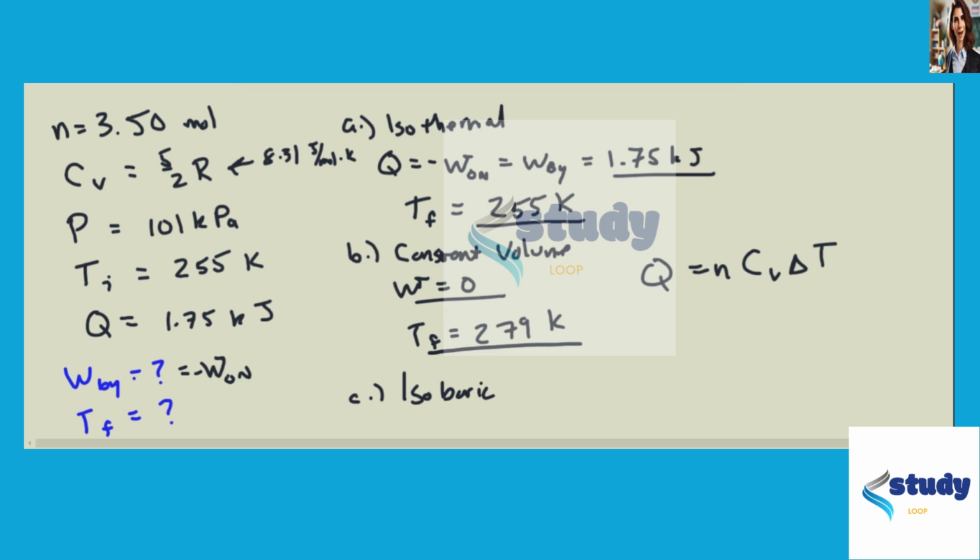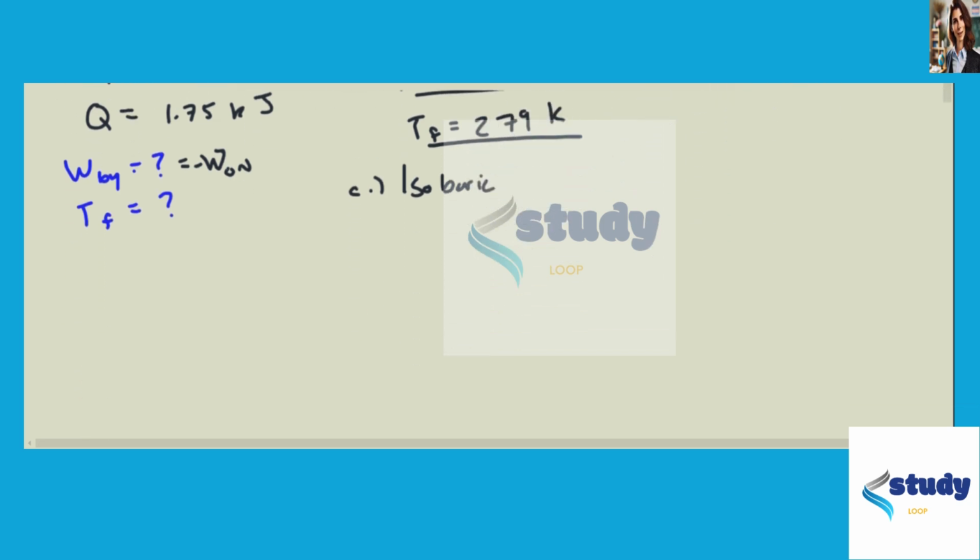Let's move to the isobaric process. We can do the change in temperature the same way, except we need a constant pressure molar specific heat now. But that's just taking the constant volume one and adding another factor of R. So in this case, we have 7/2 R for that.